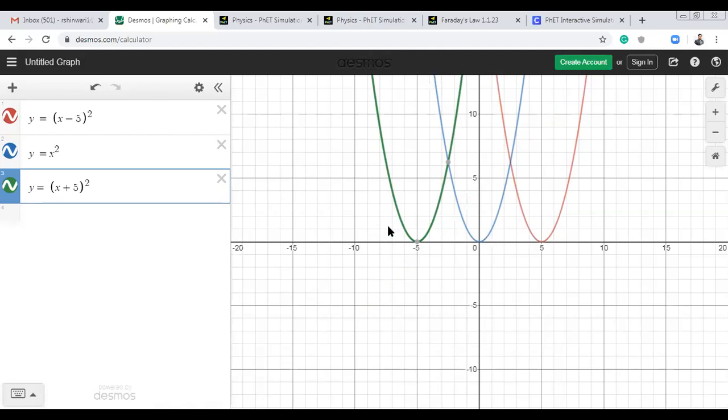In vertical shifting, you add a number to the total function.